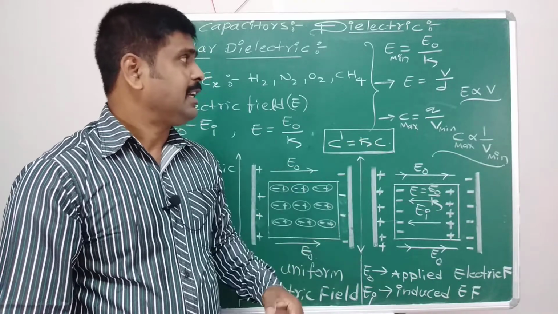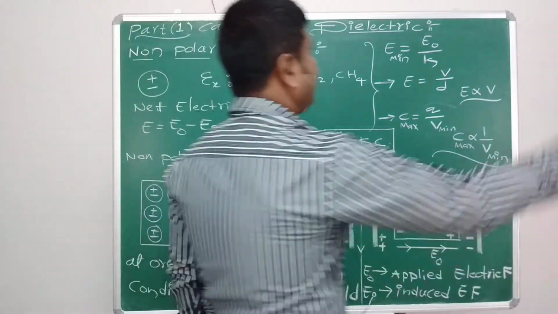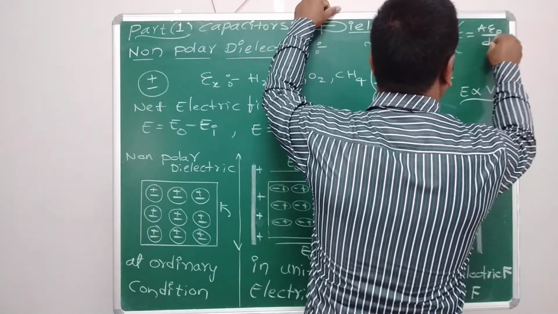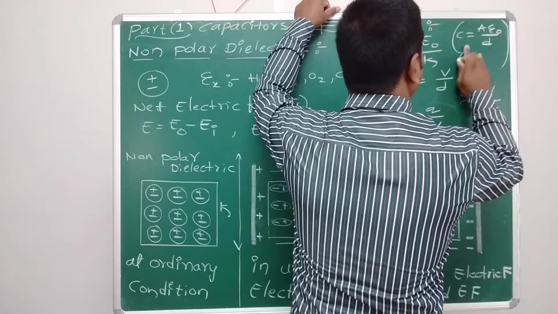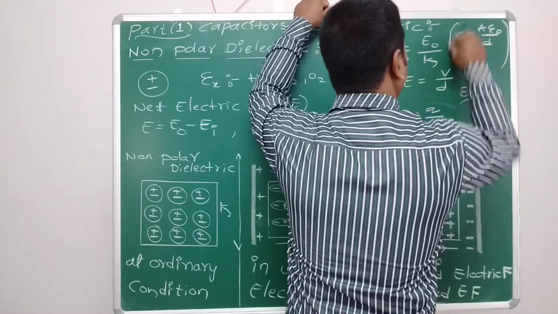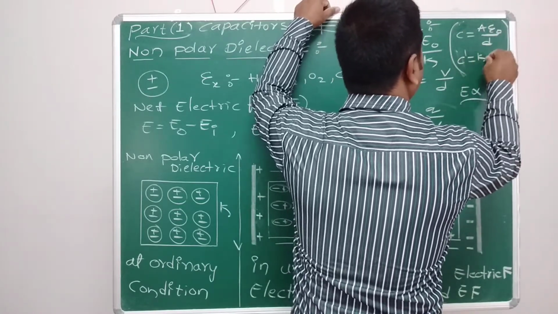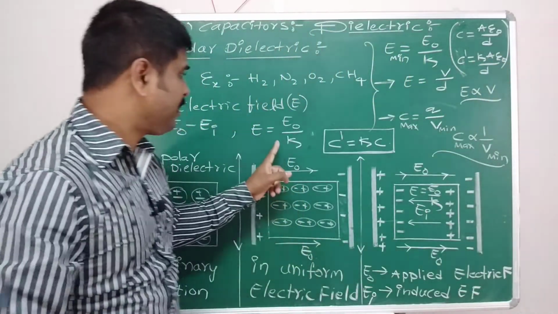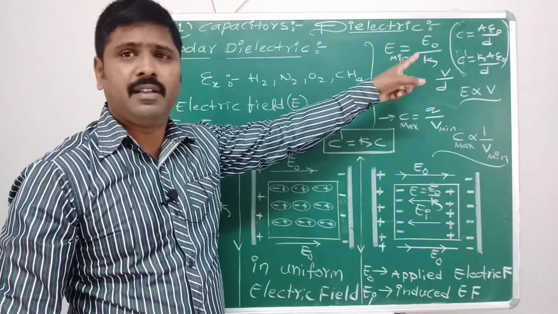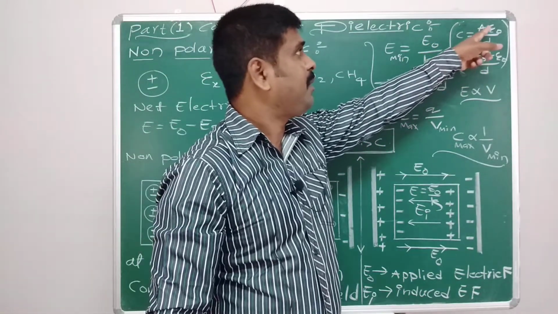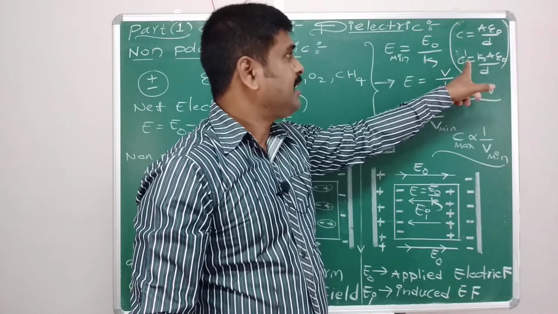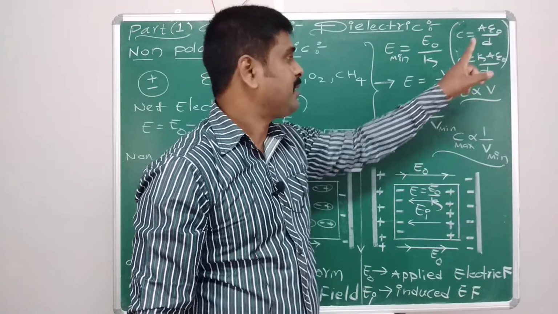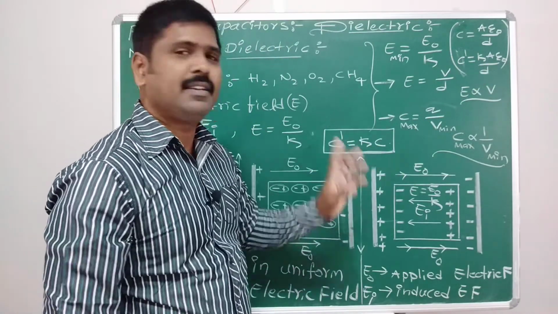C is the parallel plate capacitor, and I already gave you C equals A epsilon naught divided by D. Then we can write C dash equals K A epsilon naught by D. So C dash is equal to KC only. For a parallel plate capacitor, C equals A epsilon naught by D, then C dash equals K A epsilon naught by D. So it increases K times, and C dash equals KC.